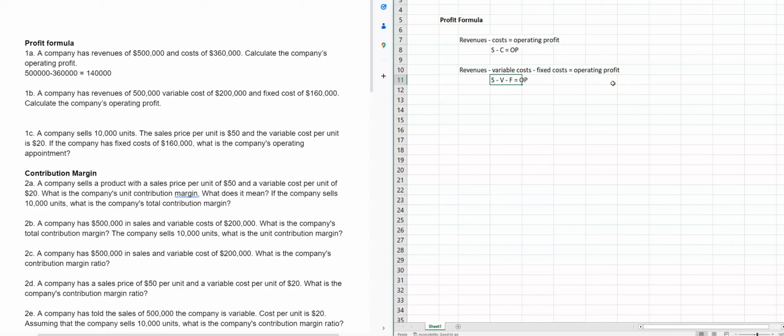But one other way that I think we should show it is vertically, basically the way that a statement would show this information. In financial accounting, we learn income statements, which are called absorption income statements. Now we're going to take a look at variable costing income statements. So under the profit formula area, because it still technically has to do with profits, I'm going to write out a variable costing income statement, so we have that visual.